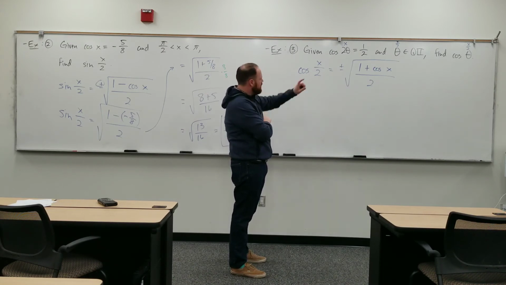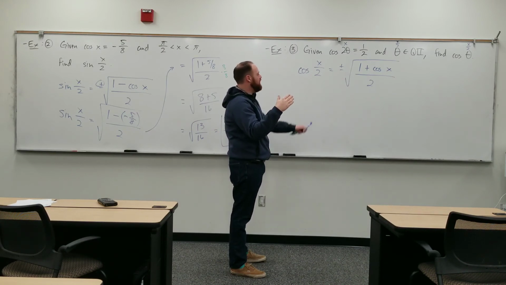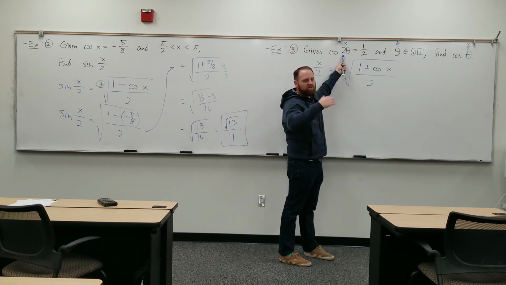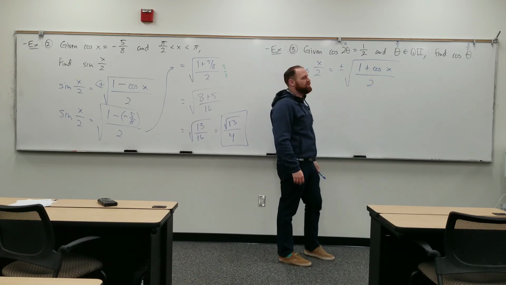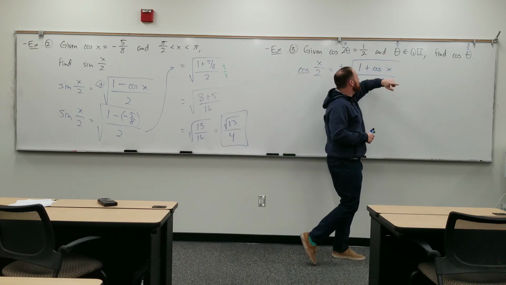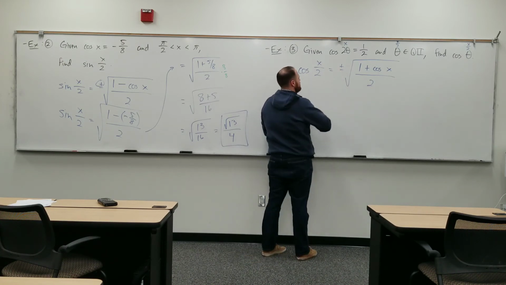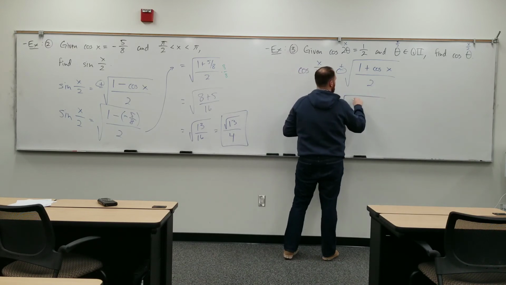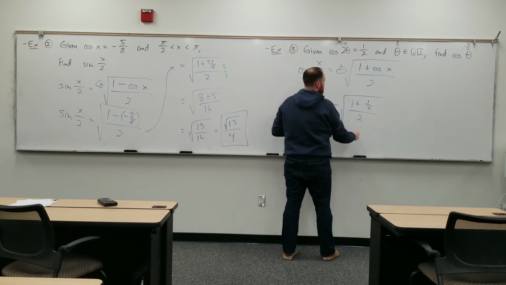Cosine 2 theta must be in quadrant 4 then. Theta is in quadrant 2, but it's a big enough angle that when you double it, you end up in quadrant 4. 2 theta must be in quadrant 4 because we're getting a positive value for cosine there. But theta is in quadrant 2, which means x over 2 is in quadrant 2, so we should be getting a negative answer here. This is going to be negative square root of 1 plus cosine x, which is 1/2, over 2.